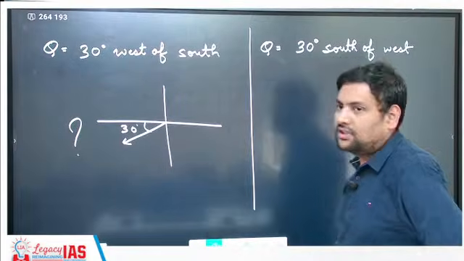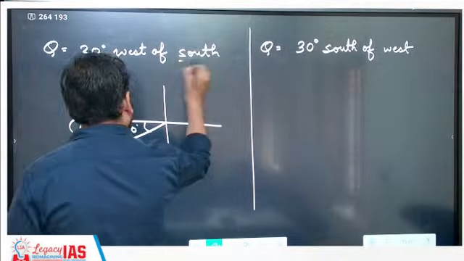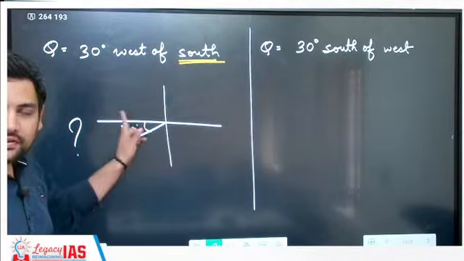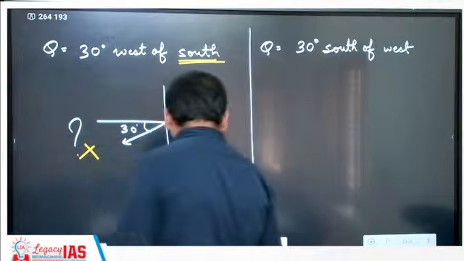Yes, it is absolutely wrong. Why is it wrong? As I told you, this is the reference. After "of", whatever is there is the reference. This diagram is wrong.